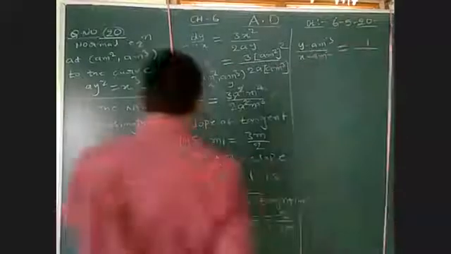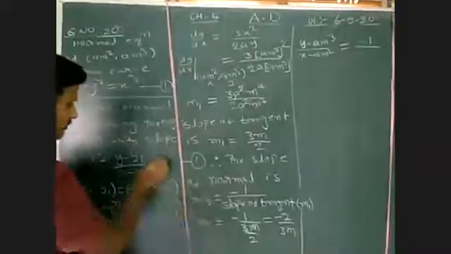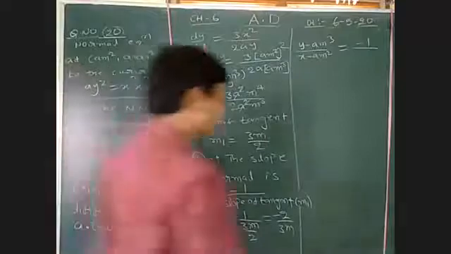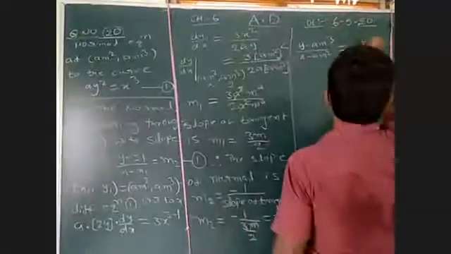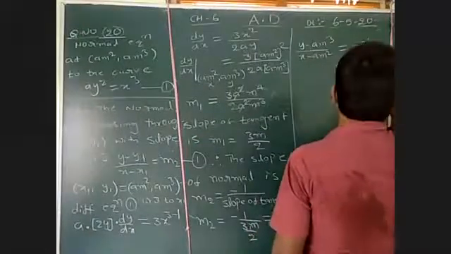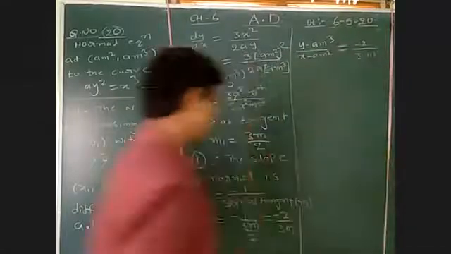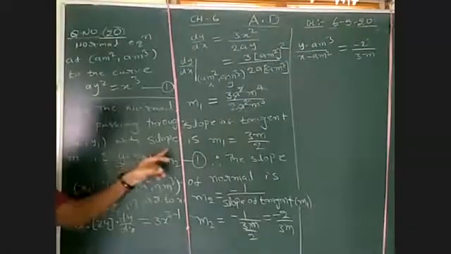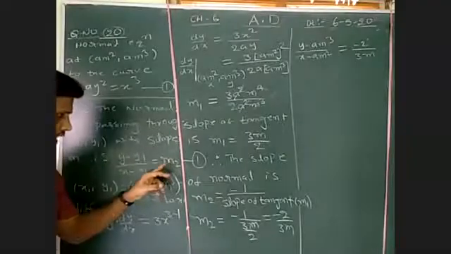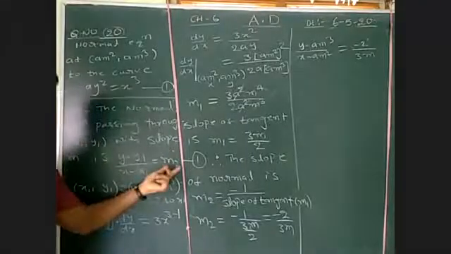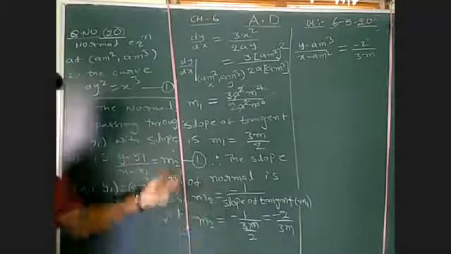Otherwise, already we found the slope of normal, so let us take m2, directly substitute m2 here, minus 2 by 3m. If you want to write minus 1 by m1, substitute m1 here. Otherwise directly got m2 value, slope of normal.